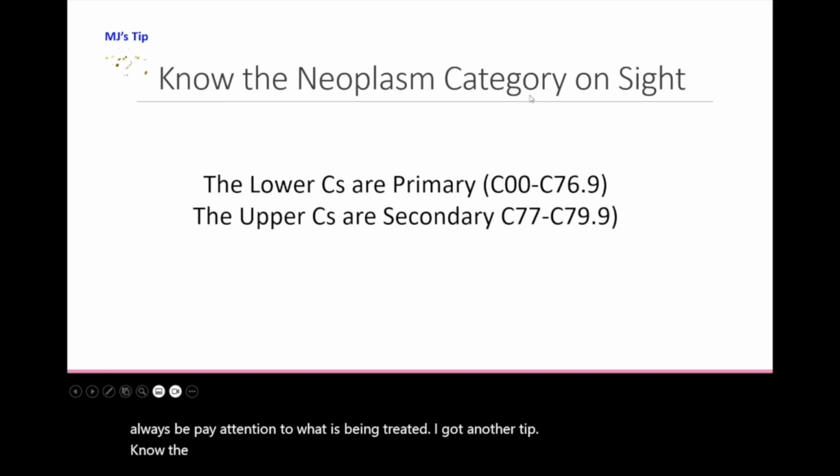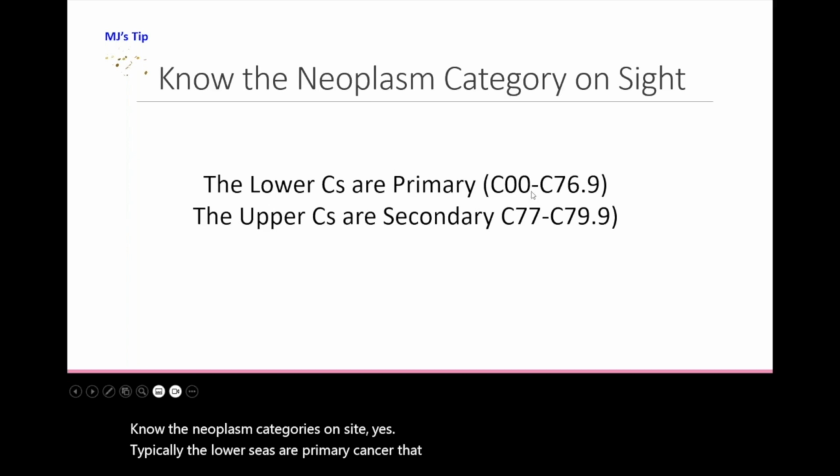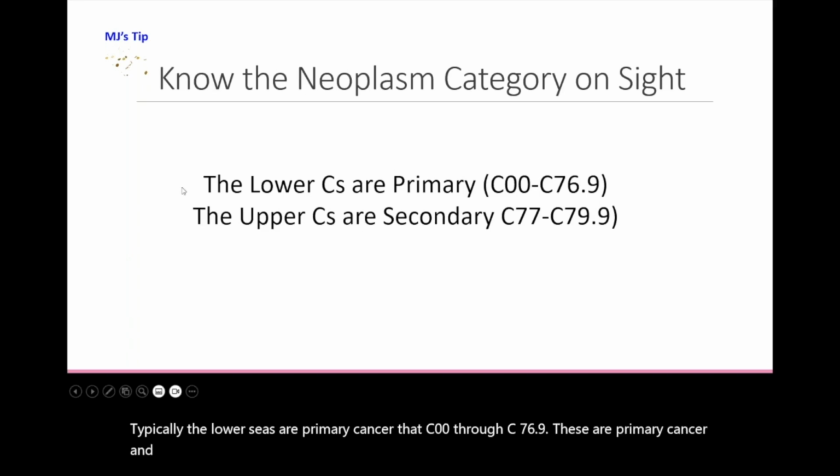Know the neoplasm categories on site. Typically the lower C's are primary cancer, that's C00 through C76.9. And then your upper C's, C77 through C79.9, that's secondary cancer.